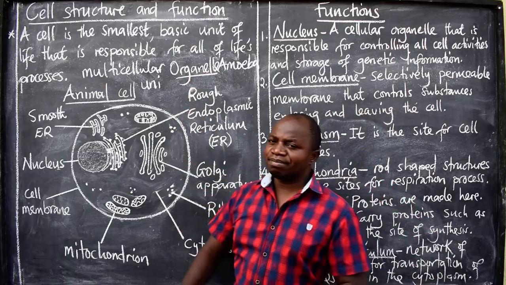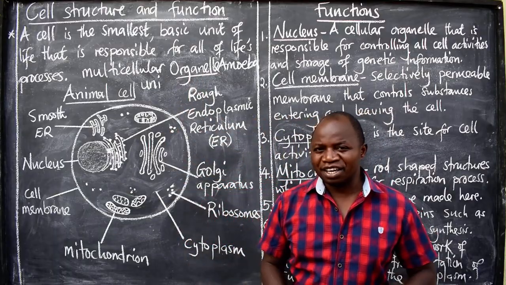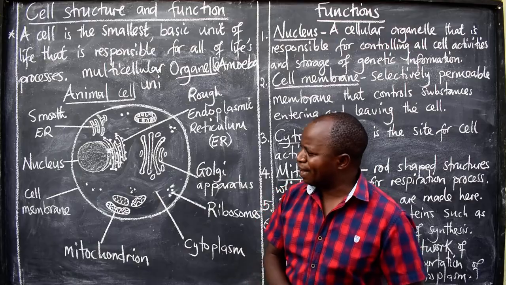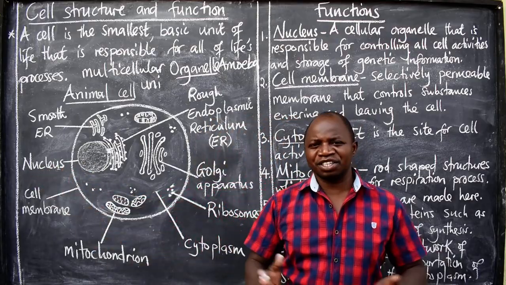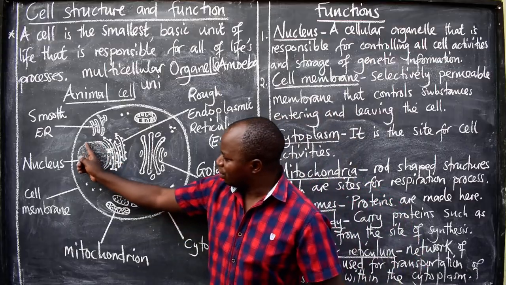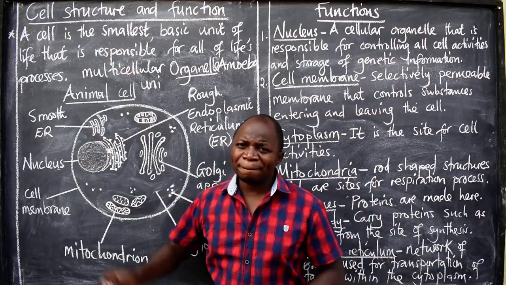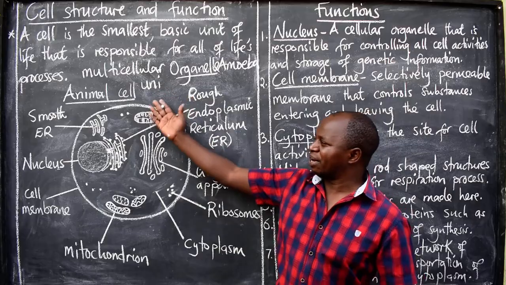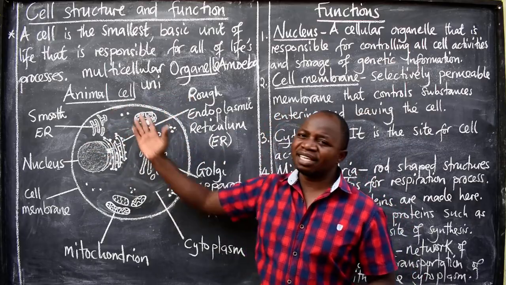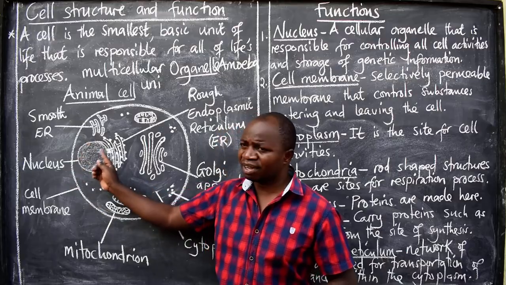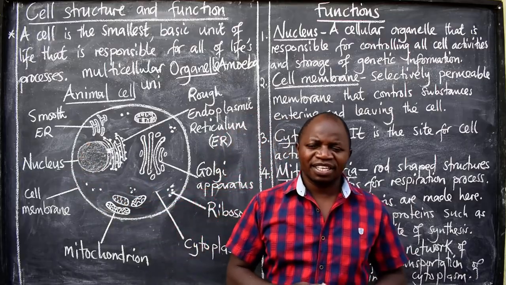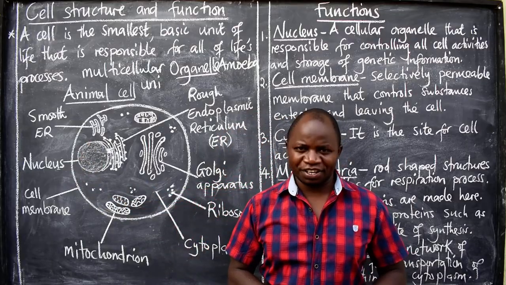Now, we start looking at their functions one after the other. Nucleus. What is the function of the nucleus? So this is the nucleus that you are seeing here. It is the largest organelle in the cell. Because of that, it has these functions.